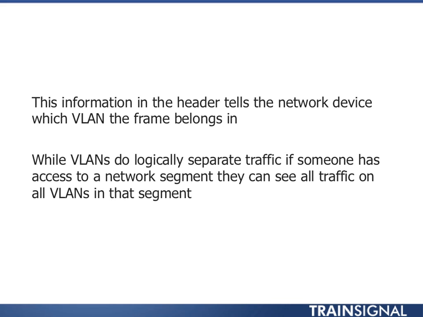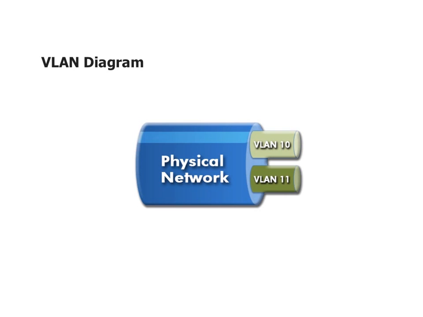Now, switches are different because if I plug my notebook into a switch port and that switch port is set to only let me access VLAN 5, I don't see other VLAN traffic on my cable. But if it's set to trunk and carry multiple VLANs, then I can see the traffic. So it's not always a reliable security method. It's really more about this logical separation of multiple networks onto one physical infrastructure.